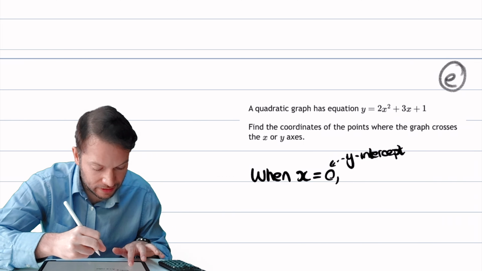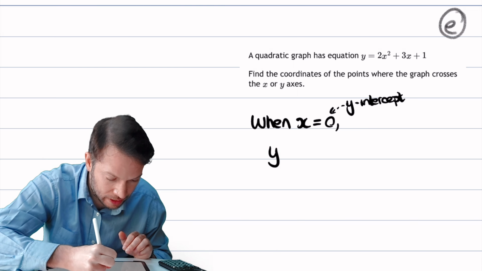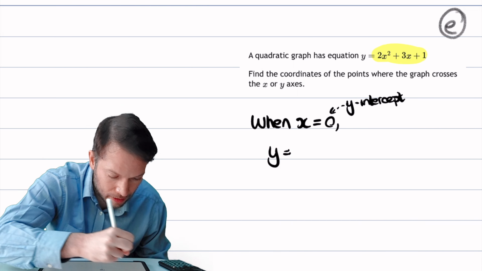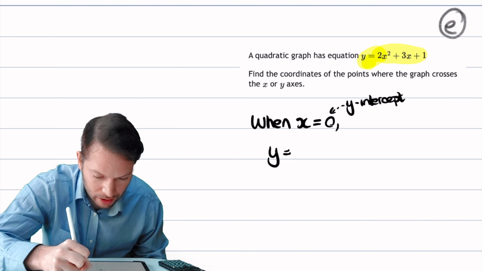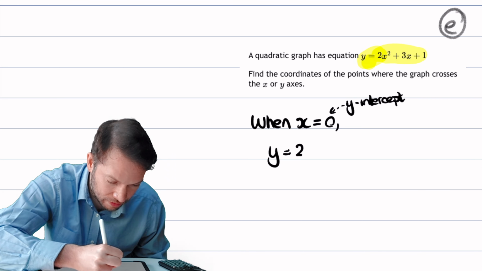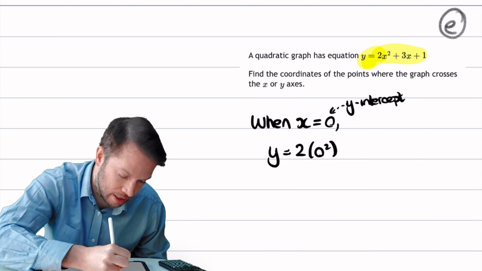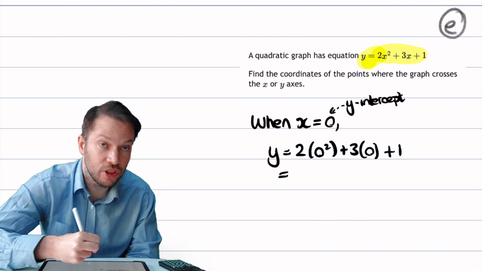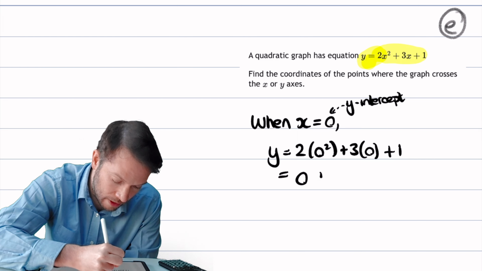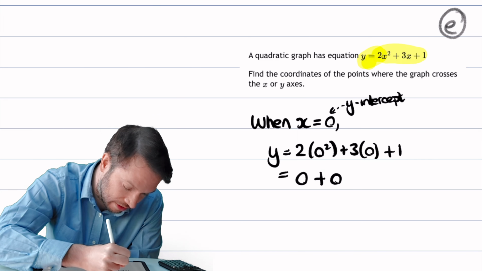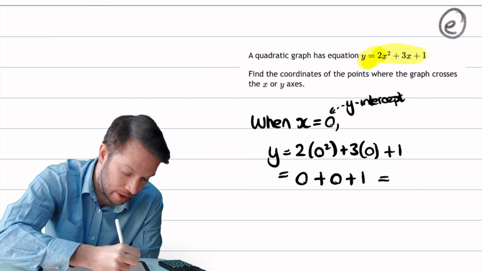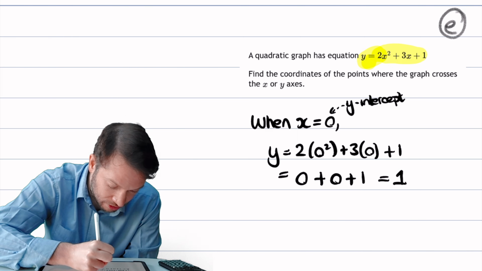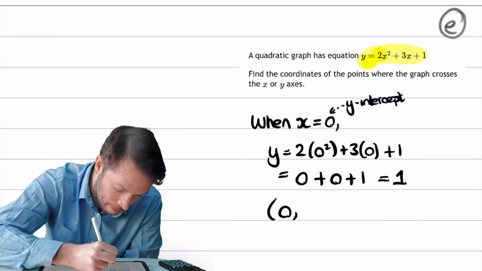If you substitute it into this equation, you're going to get y equals 2 times 0 squared plus 3 times 0 plus 1. Now 2 times 0 is 0. 3 times 0 is 0, plus the 1, which is just 1. So we can see when x is 0, y is 1. So that gives you the y-intercept.